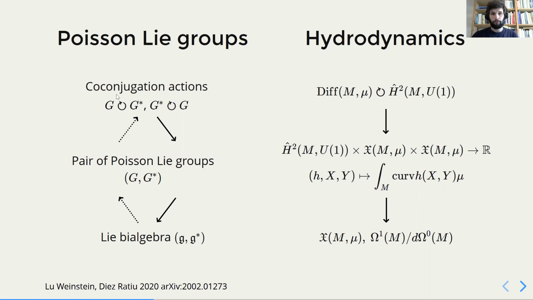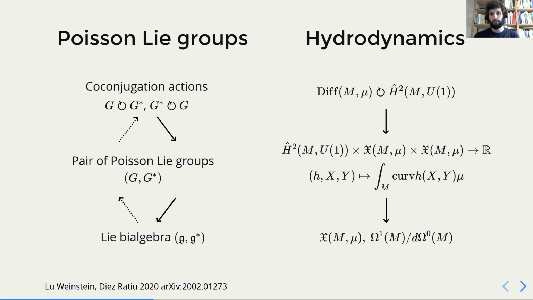One is in the sense of the co-conjugation action, coming from the diffeomorphism action, and then also you can integrate these to cocycles on the Lie group of volume preserving diffeomorphisms. An open question in this context is, for example, can you give non-trivial Poisson structures on the diffeomorphism group, or on some volume preserving or symplectomorphism groups?